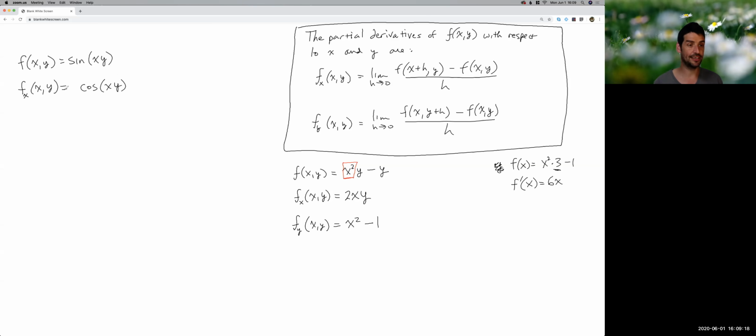I'm thinking of x as my variable, which means I'm thinking of y as a constant. If I took the derivative of the sine of 2x, what do I end up with? Cosine of 2x, but then I have to use the chain rule and I multiply by the derivative of the inside. The derivative of a constant times x is just that constant. Well, now the constant, I'm thinking of y as a constant, that comes out is y.